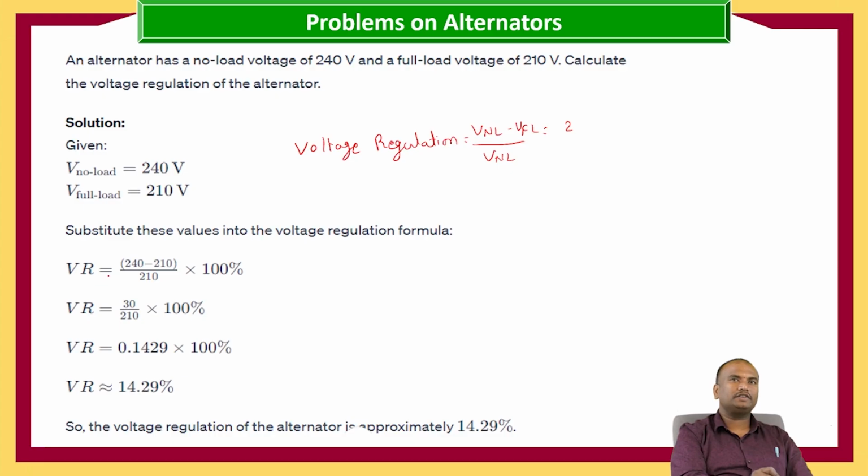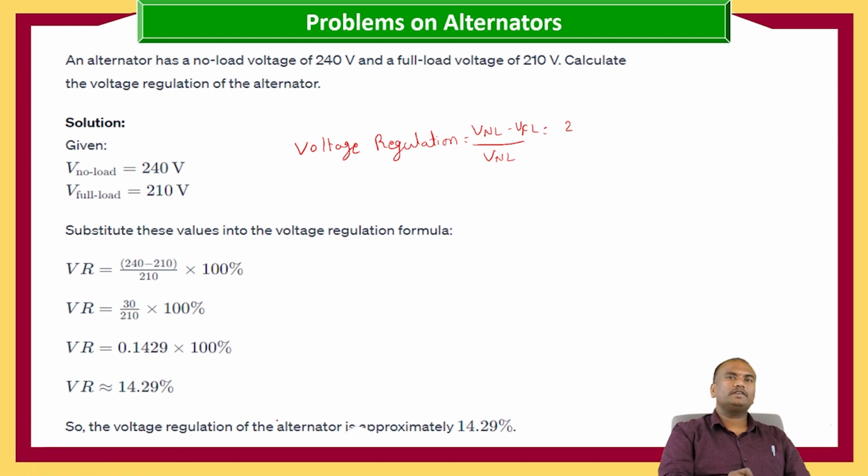Here voltage regulation is equal to 240 minus 210 by 210 into 100. That is 30 by 210 into 100, which is 0.1429 into 100%, where voltage regulation is 14.29%.